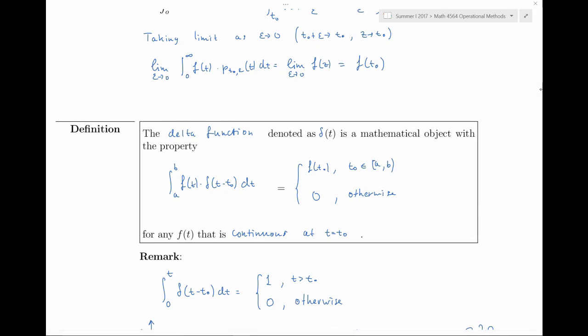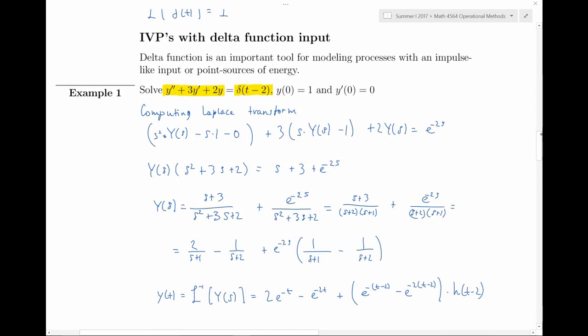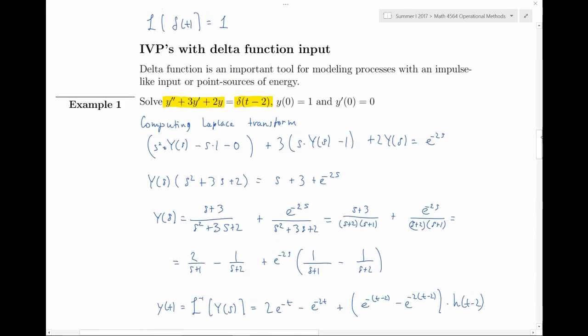The delta function is defined by its integration property. And if you want to be precise, the delta function is its integration property. It's not a function, it's just a mathematical object that never works without the integration. And you might say, well, we used the delta function in initial value problems, and we used it as an input.